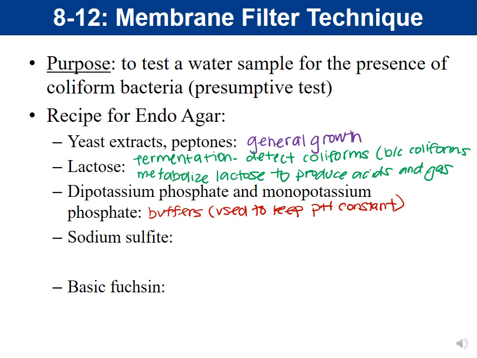The next ingredient that's going to be in there is going to be our sodium sulfite. And our sodium sulfite is going to darken with acetaldehyde, which is going to detect coliforms.